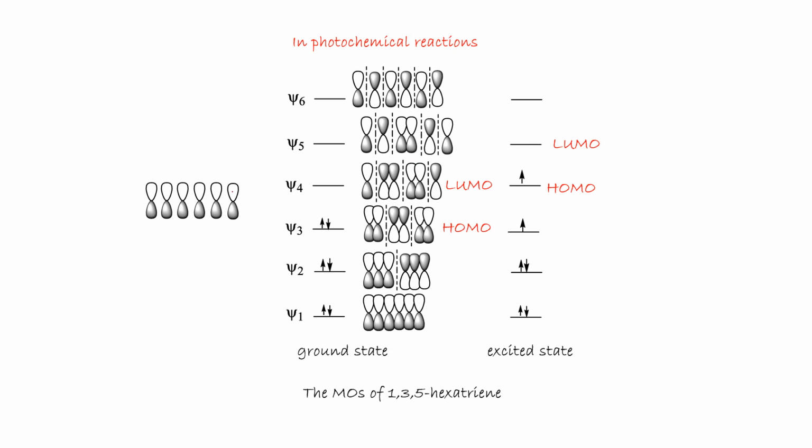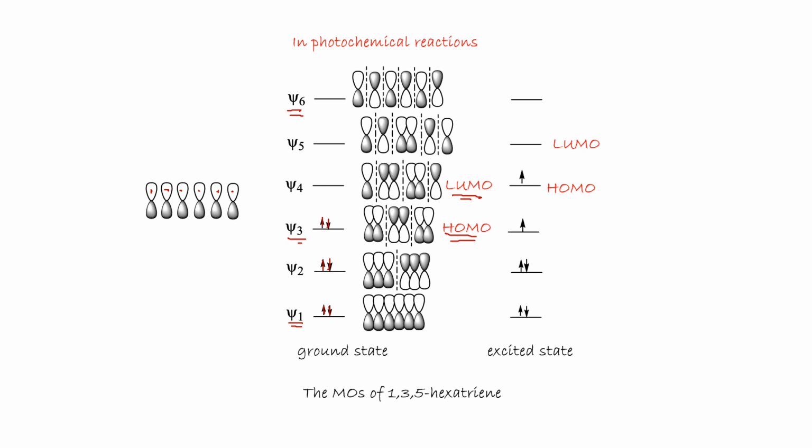For hexatriene, we have 6 pi electrons, so we have 6 molecular orbitals, psi 1 till psi 6. Here is 2, here is 2, here is 2, which makes psi 3 the HOMO, highest occupied molecular orbital, and psi 4 the LUMO, lowest unoccupied molecular orbital.